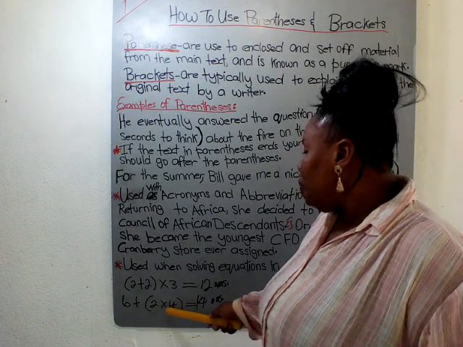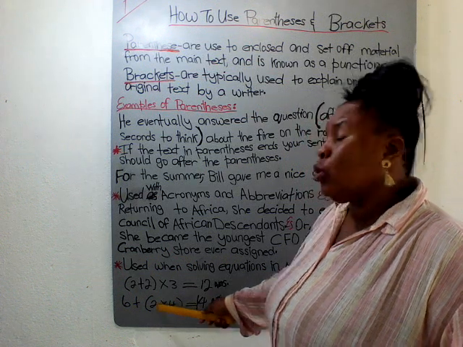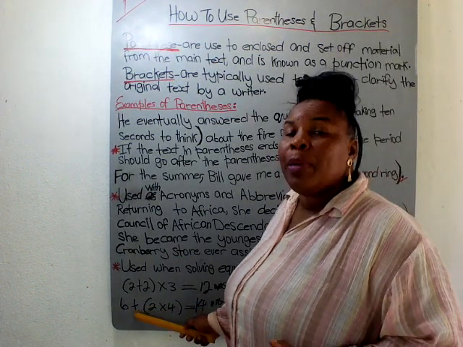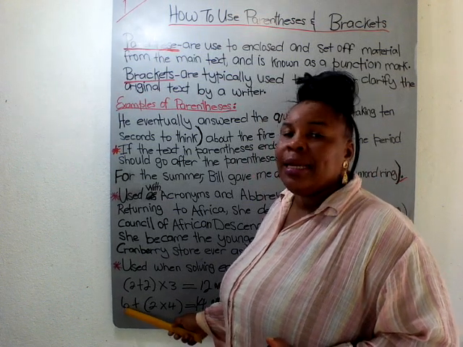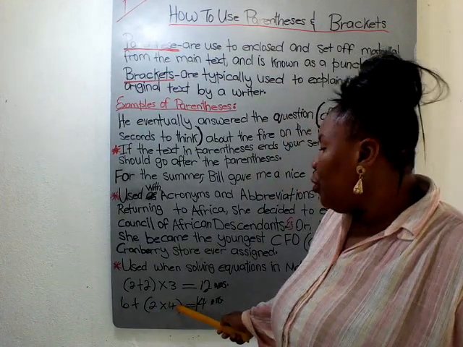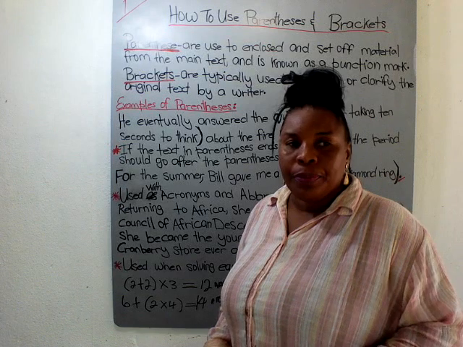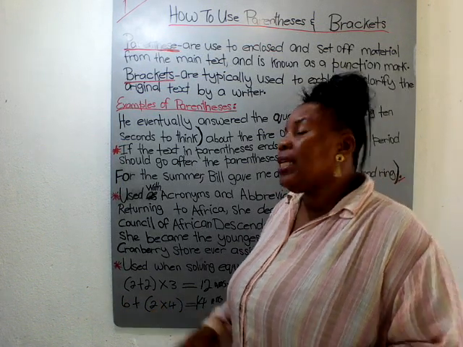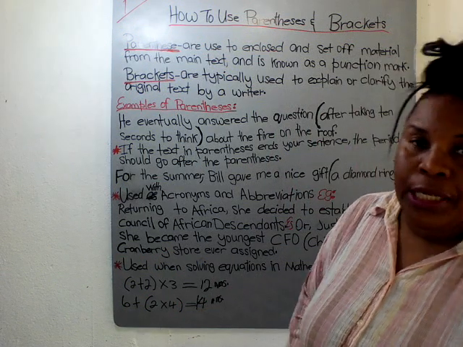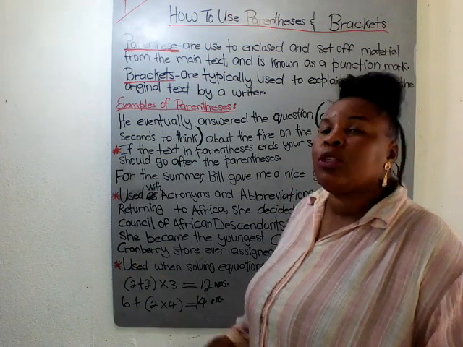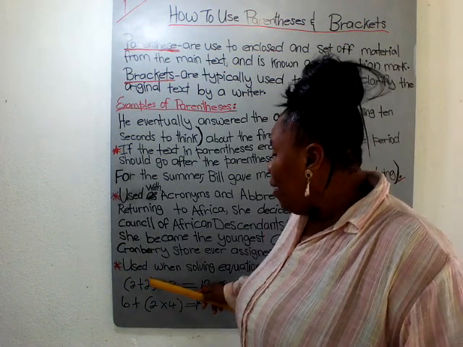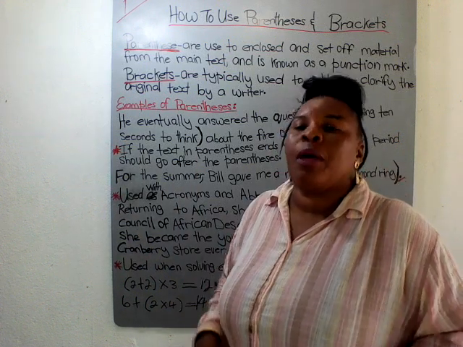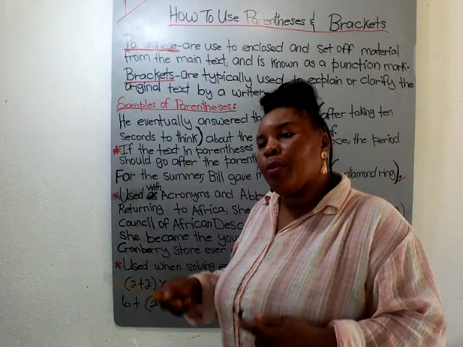So 2 multiplied by 4 will give you 8, right? And then, since it's a plus sign, you will add the 6. So 2 times 4 is 8, and 8 and 6 will give you 14. So whatever is in parentheses, you will work out that first before you move on to solving the problem.